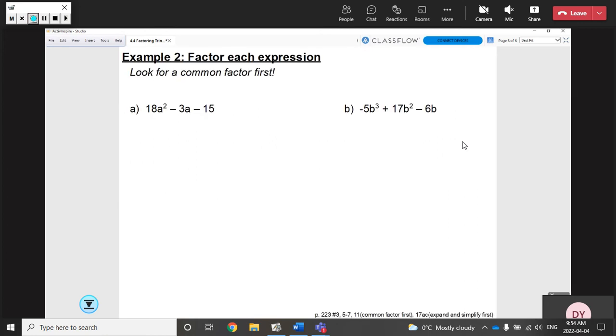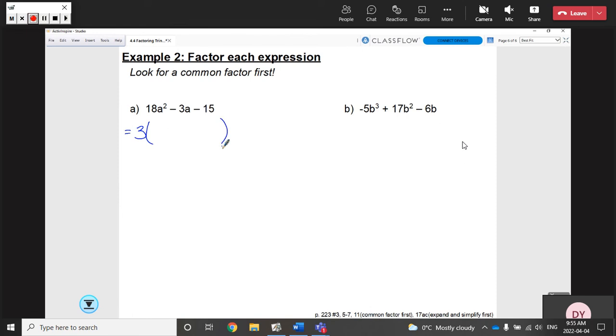And the last one here. A's and B's. I hate when they're A's and B's because I always write X's. It's going to happen. So it says here, look for a common factor first. All right, sure, no problem. This first one looks kind of scary, but is there a greatest common factor? Yeah, I think it's going to be positive 3. So we're going to say, okay, 3 in our trinomial.